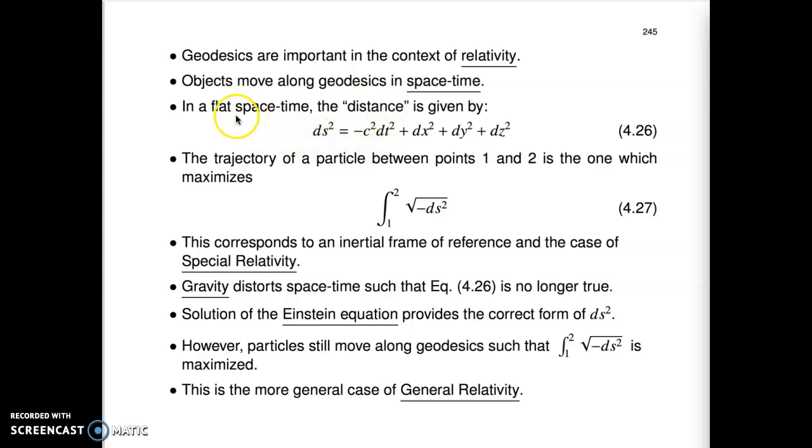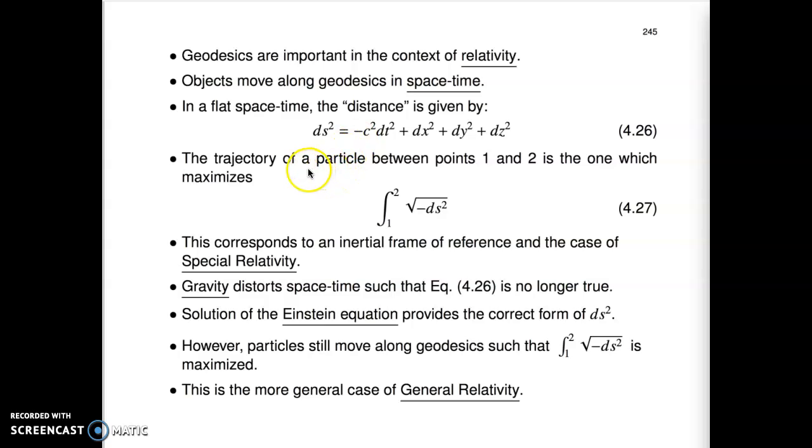And in so-called flat space-time, this space-time interval is ds squared equals minus c squared dt squared plus dx squared plus dy squared plus dz squared. c is the speed of light. The physical meaning of this ds squared quantity is not clear. Don't try to demand that it have a physical interpretation. We simply call it the space-time interval. It's kind of like a distance, but it's not really. And note that the negative sign is important.